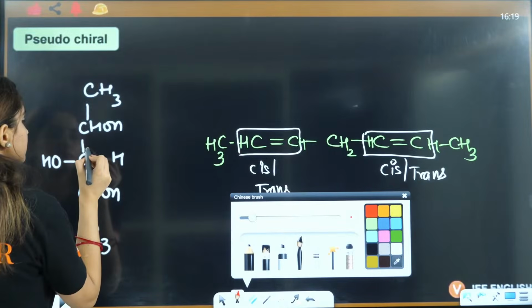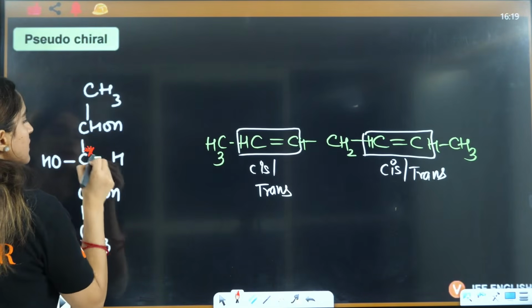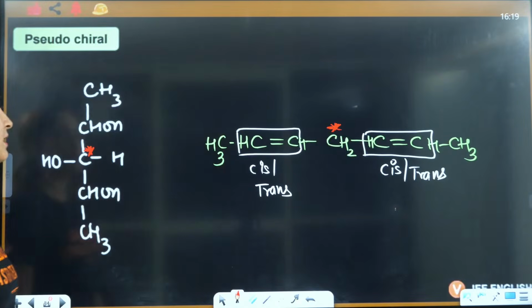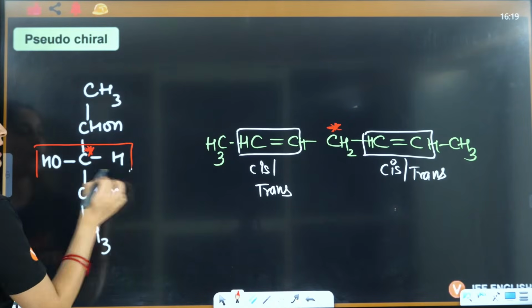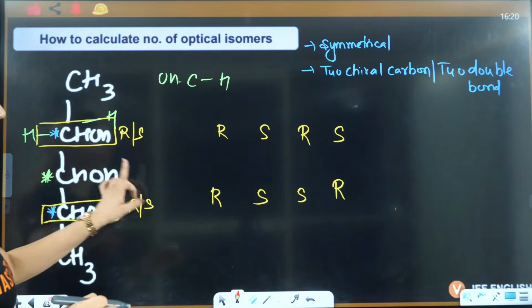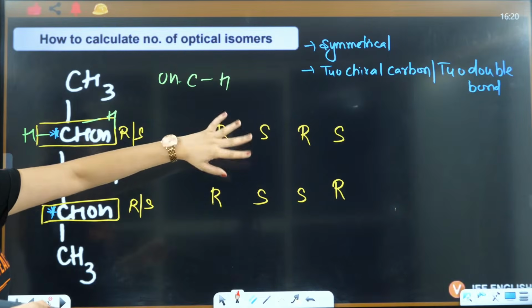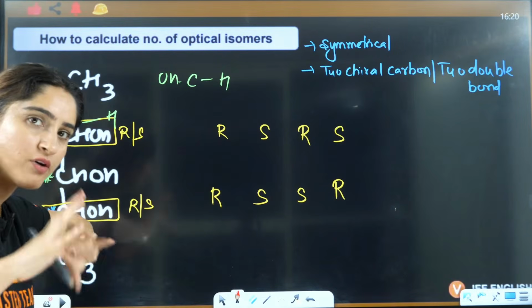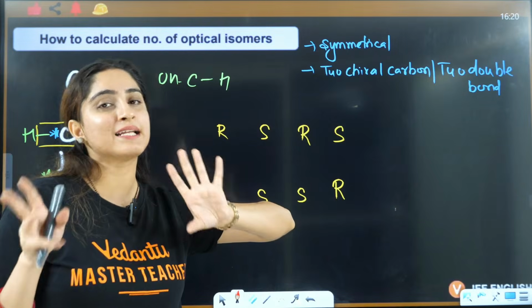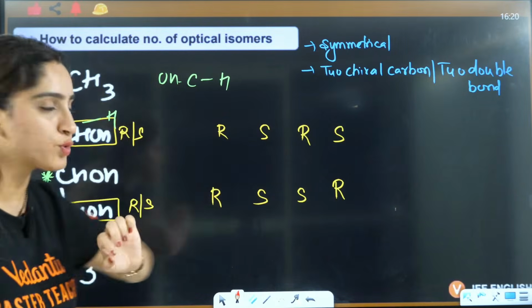Okay, this can be pseudo-chiral and this will be pseudo-chiral. So what I told you about pseudo-chiral, two chiral carbons or between two double bonds, if you have a CH2OH group or a carbon, right, then that will be called as pseudo-chiral.